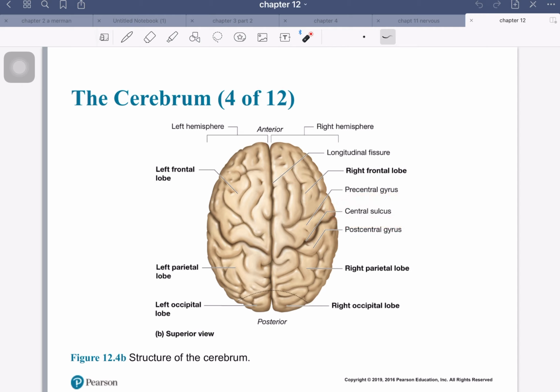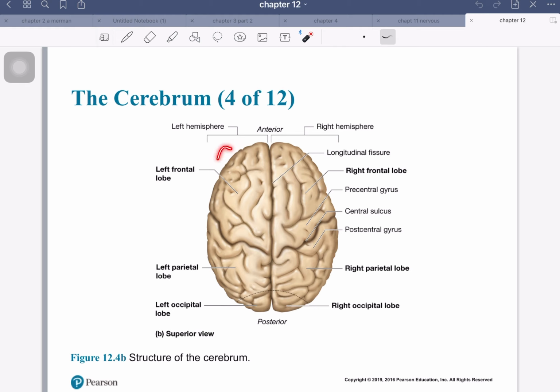This is going to be an important landmark, because this is the central sulcus, and in front of it is something called the precentral gyrus. And not surprisingly, behind it is the postcentral gyrus. Those become important names as we go through some of our discussions. Of course, the brain can be broken down into lobes.